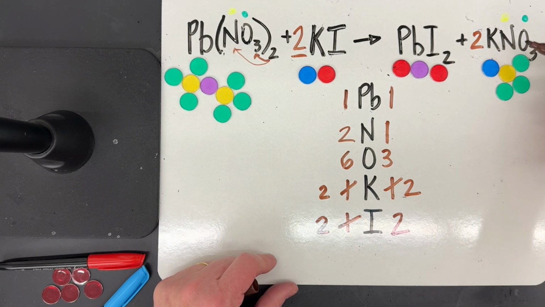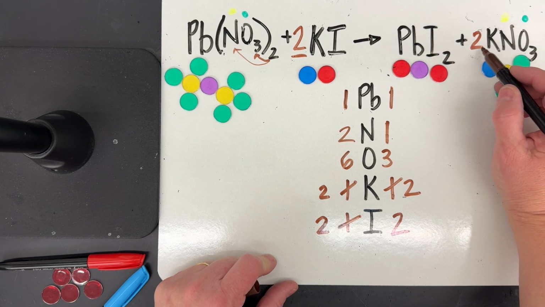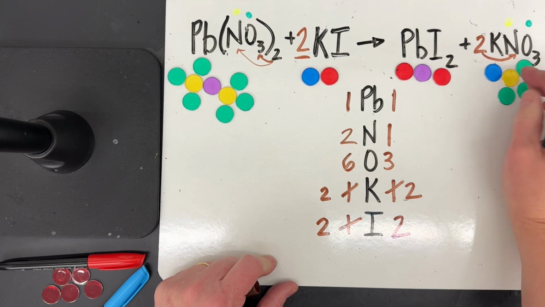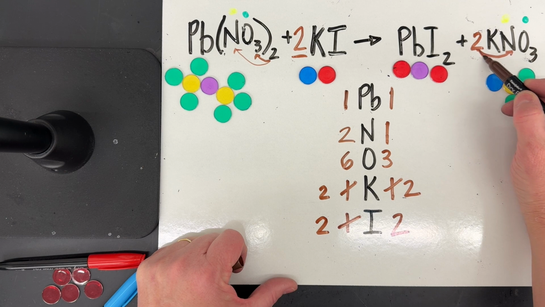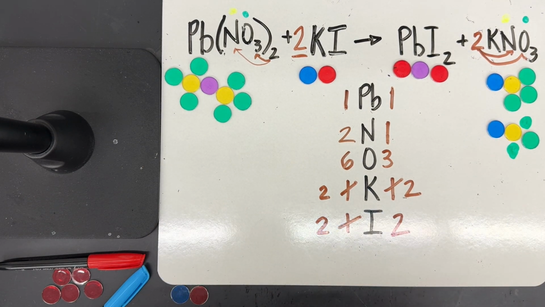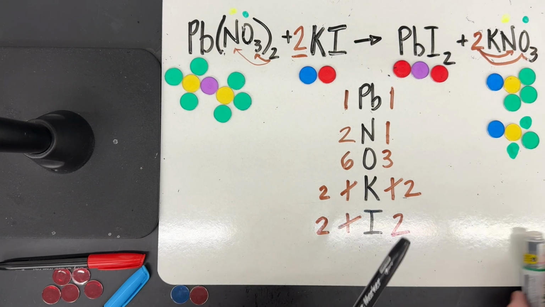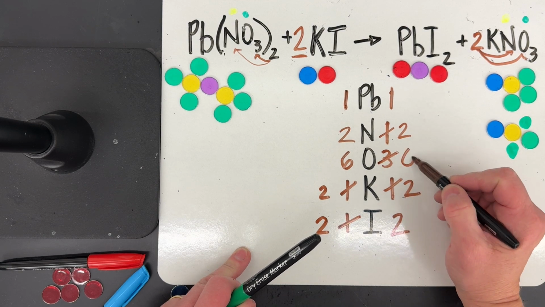But then we have 2 nitrogens, and the 2 goes to this as well. Fine. All right, so we just made 2 N's, and we just made more oxygens, and so we have 6 of those.